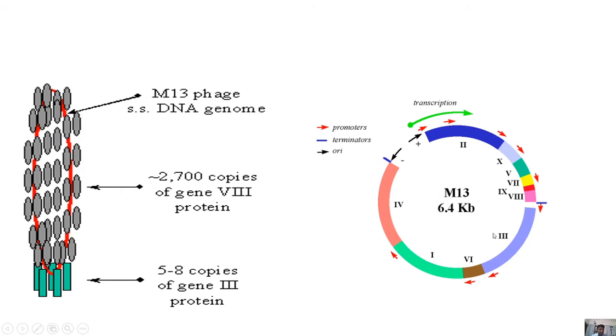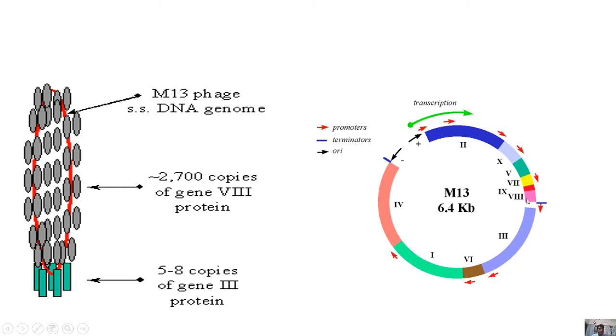This circular single stranded DNA encodes around 10 different genes. See the Roman letters here 1, 2, 3, etc. up to 10. All these are different genes encoded within the M13 genome.